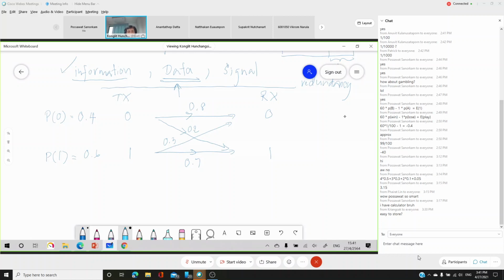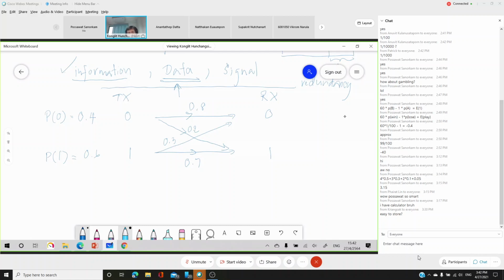So it's like a computer: if you count the number of 0s and the number of 1s, you're going to see that we transmit bit 1 more than bit 0. So 60% transmit bit 1, 40% transmit bit 0.